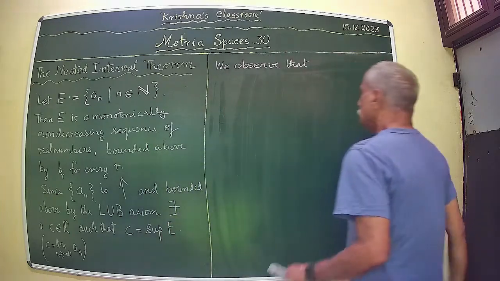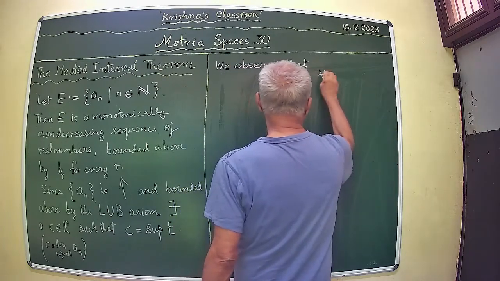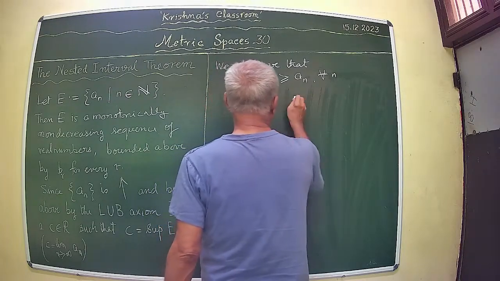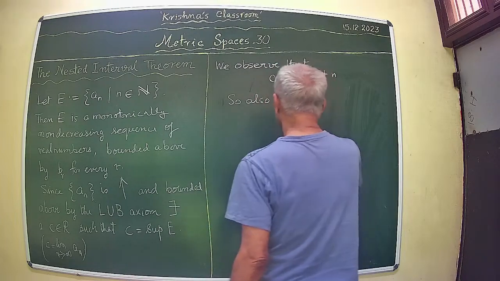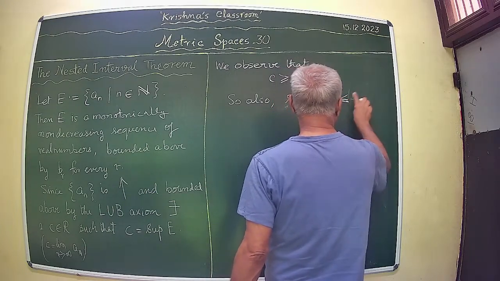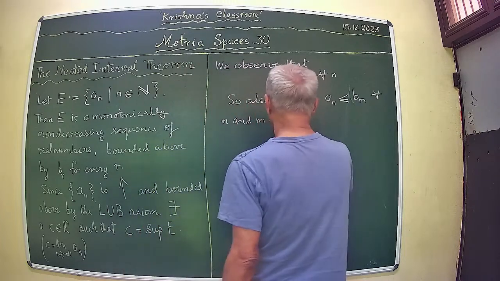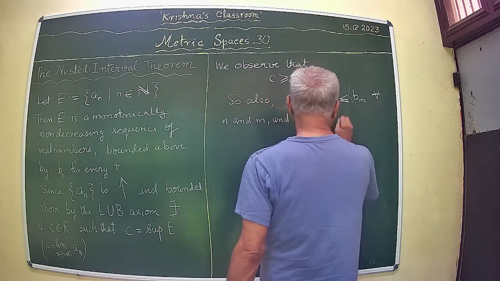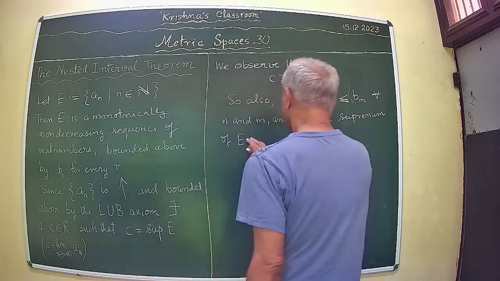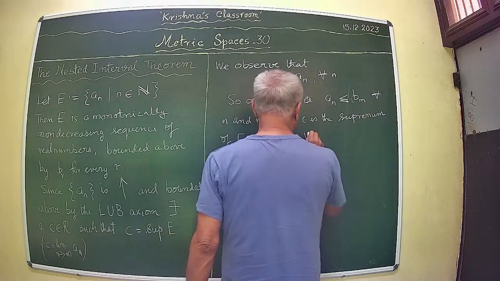We observe that C is greater than or equal to an, and so also C is less than or equal to bn, since C is the supremum of E and C is less than or equal to bn for every n.